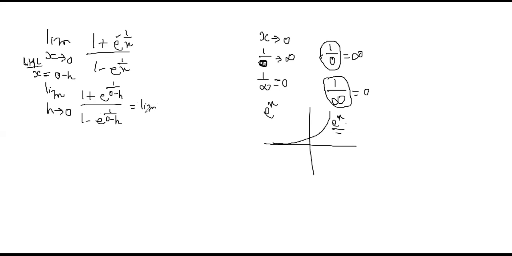So limit h tends to 0 of 1 plus e raised to power minus 1 by h, divided by 1 minus e raised to power minus 1 by h. You know this concept, x raised to power minus 1 is equal to 1 by x.